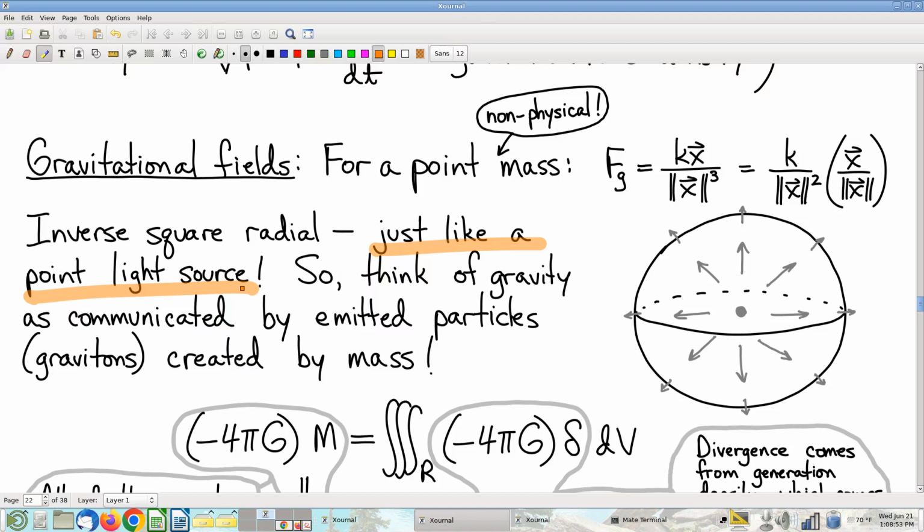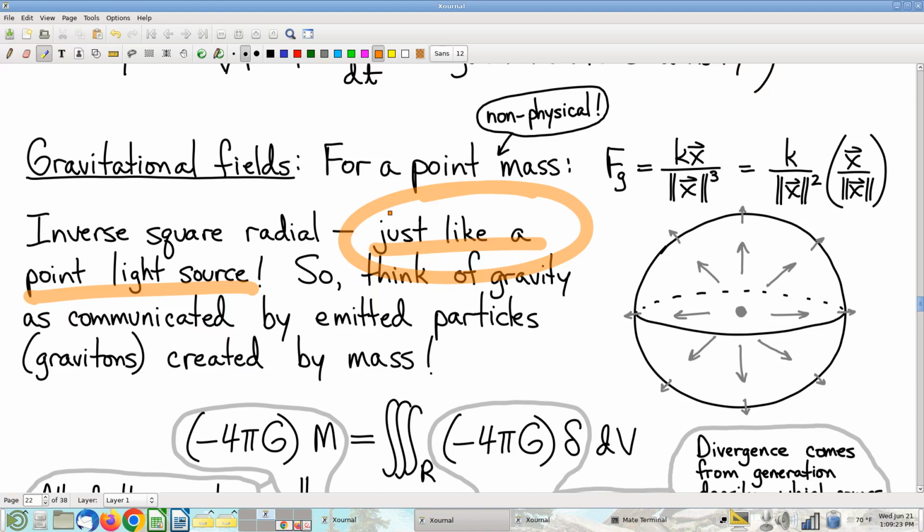Light bulbs are generating a fluid of particles that are flowing outward away from the light bulb. Gravity's, it's not a fluid, is it? Right? I mean, gravity's this mysterious action at a distance force thing, and it doesn't feel like they're the same thing. But it's, again, what an eyebrow raiser that these two physically different things are exactly the same structure.